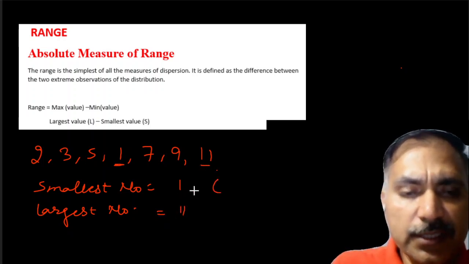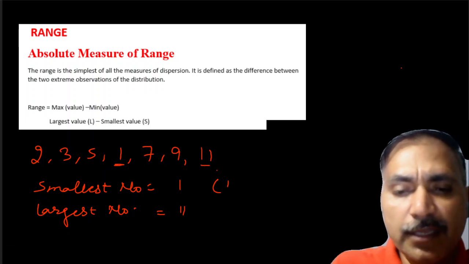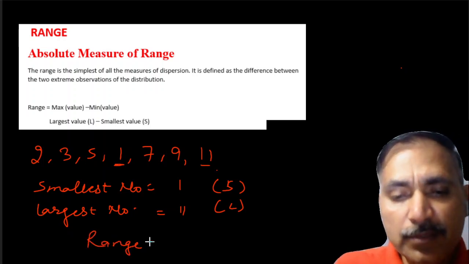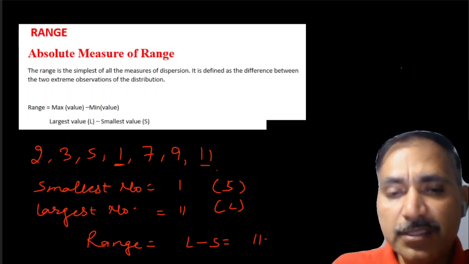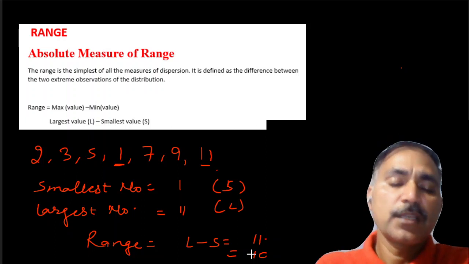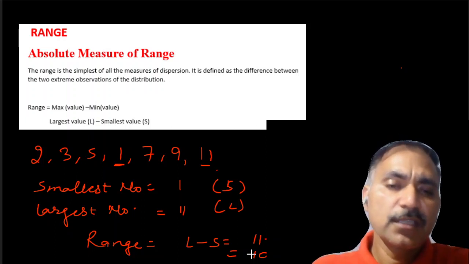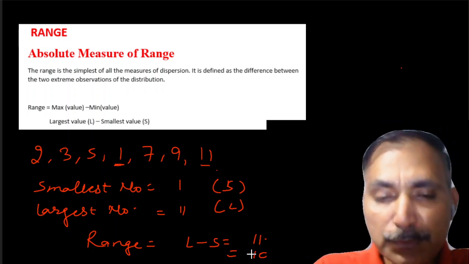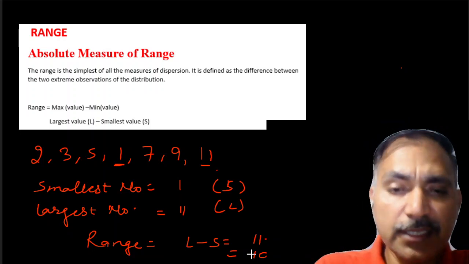So we denote this smallest number by S and the largest by L. Then range is going to be L minus S, that is 11 minus 1, it becomes 10. So the range is nothing but the largest value minus smallest value. Let us take another example.